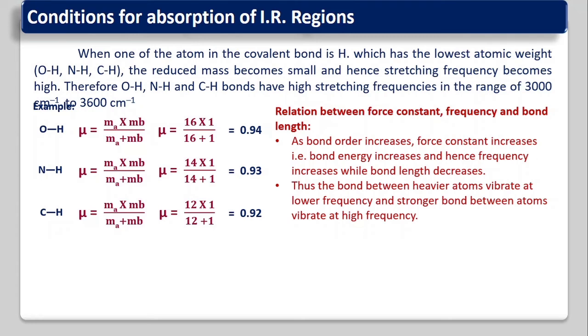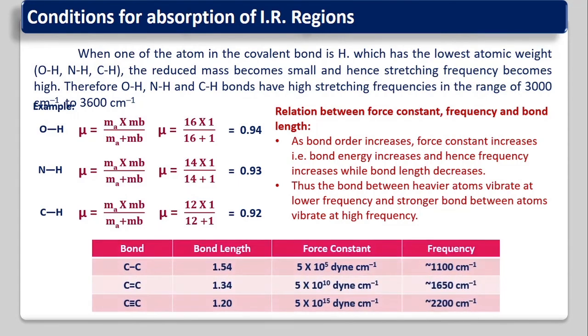Thus, the bond between heavier atoms vibrates at lower frequency because the reduced mass is high, and a stronger bond between atoms vibrates at higher frequency because the vibrational frequency is directly proportional to the strength of the bond.